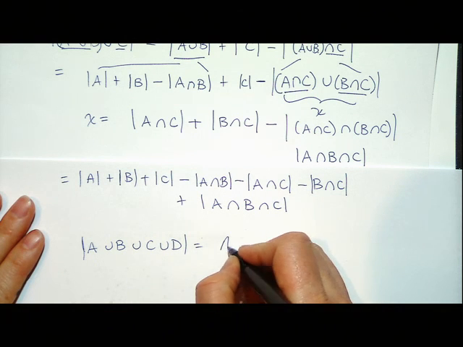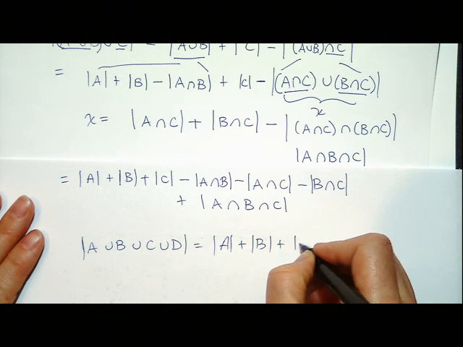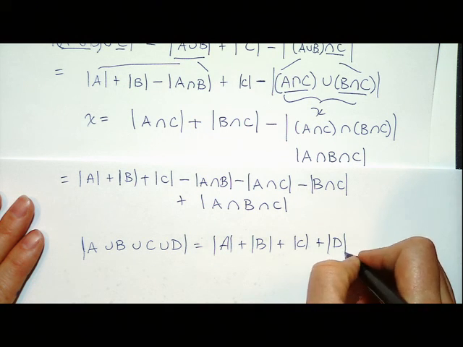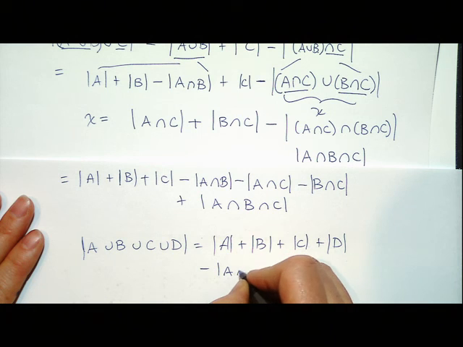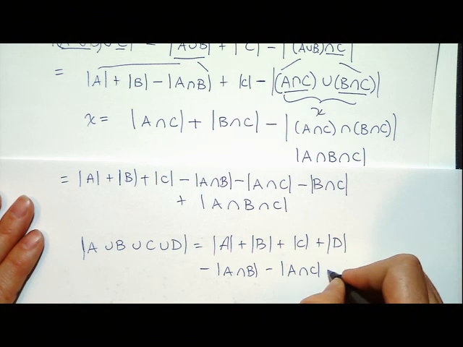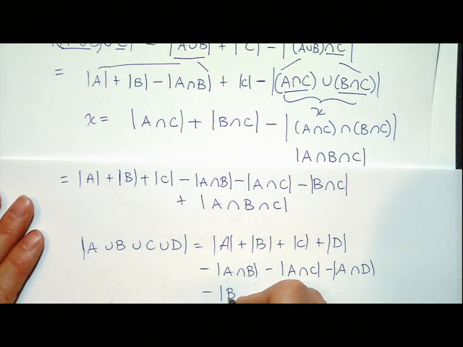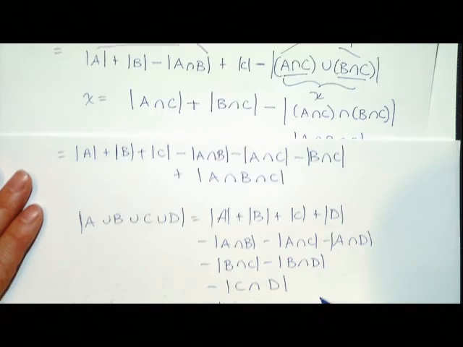So that will be the size of A plus the size of B plus the size of C plus the size of D minus all the intersections of 2, then add the triple intersections.